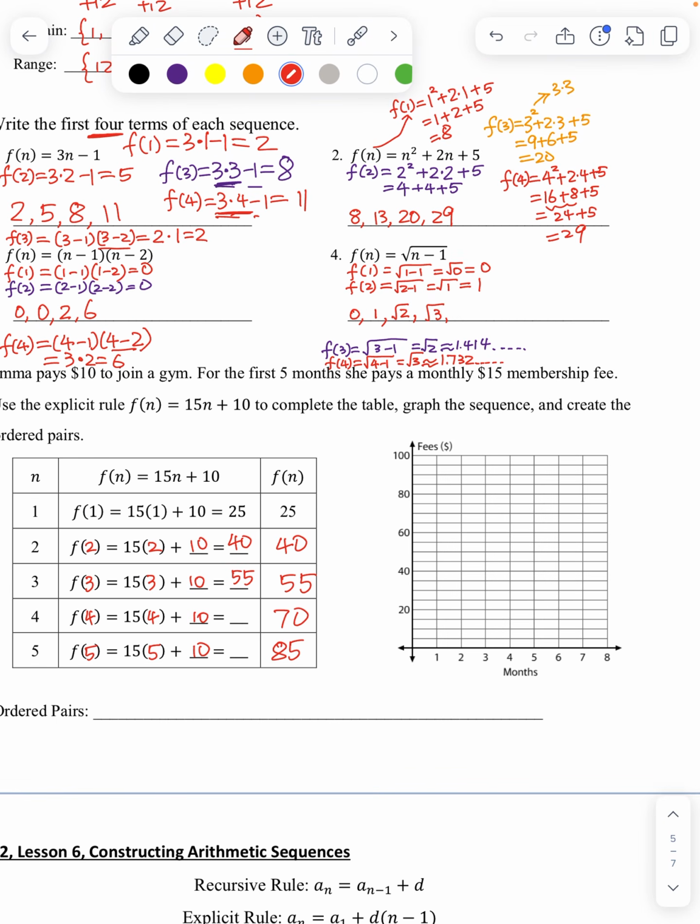Okay, let's graph it. When n is equal to 1, the sequence value is 25. So 1, 25.